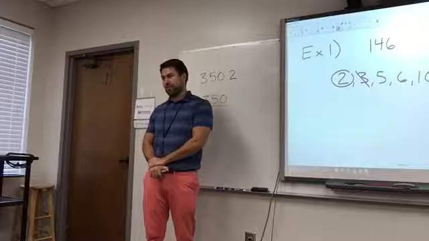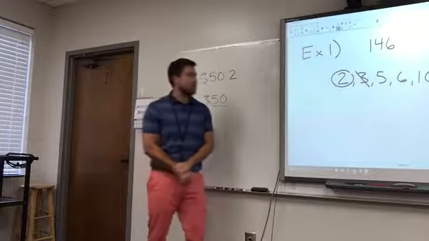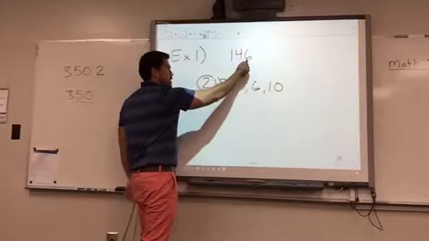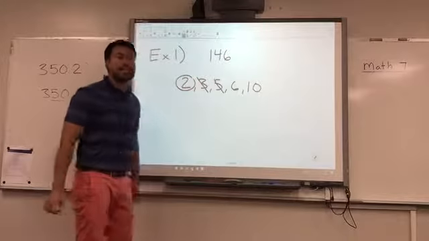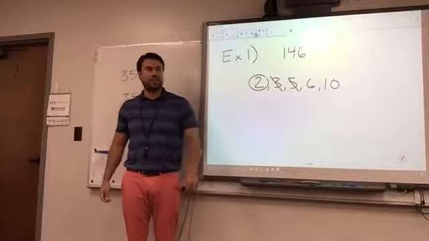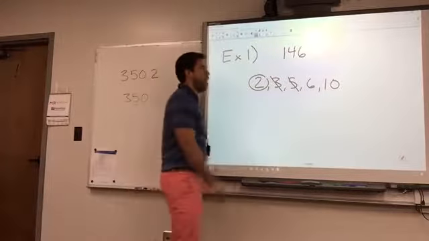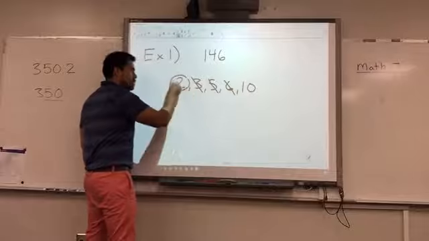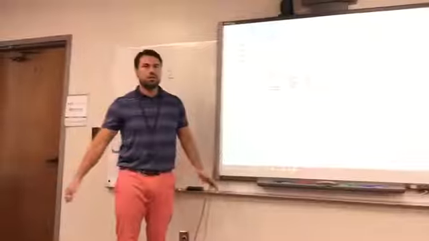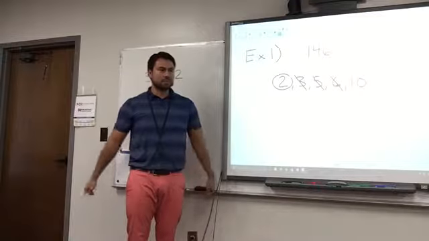All right, 5. Josh? No. Why not? Because the ones digit is not a 5 or 0. Yep, it's not 5 or 0, so it's not divisible by 5. 6, this should be automatic since you already did 2, 3, and 5. Yes, ma'am? No, because not by the 2 and 3 going into it. Yeah, if 2 and 3 went into it, that number would also be divisible by 6.